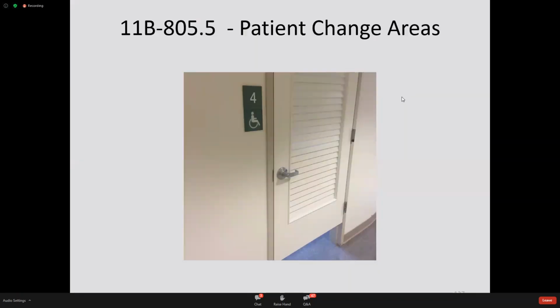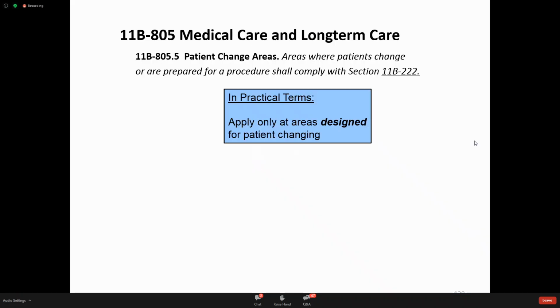The point 5 section here is patient change areas. That's the whole code section there. It's one sentence. Areas where patients change or are prepared for procedure shall comply with 11B 222. Now I want to unpack this a little bit. We have people whose job is to be code compliance people, make sure we've done all the right stuff from an accessibility standpoint.